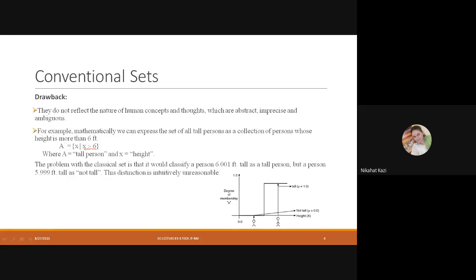Membership means whether the element belongs to the set or not, given a value. Notice that after 6 there is a sharp or steep edge, right? At this point. The moment the value reaches 6, the membership becomes 1, and beyond 6, everything is 1.